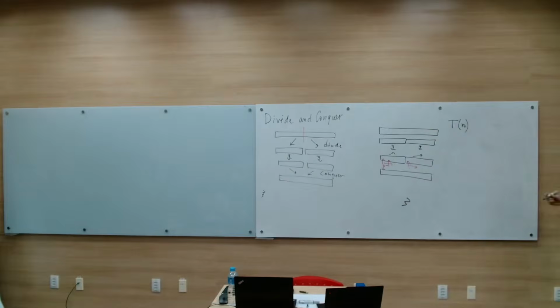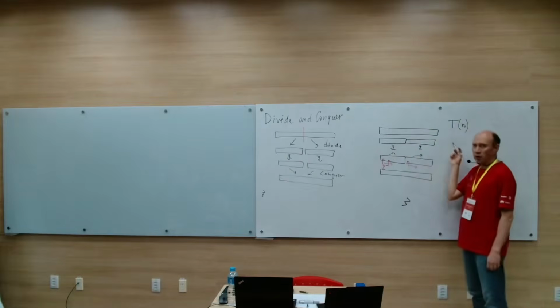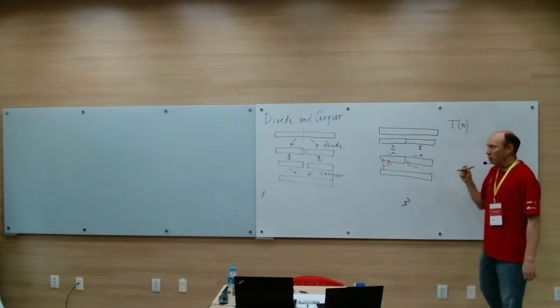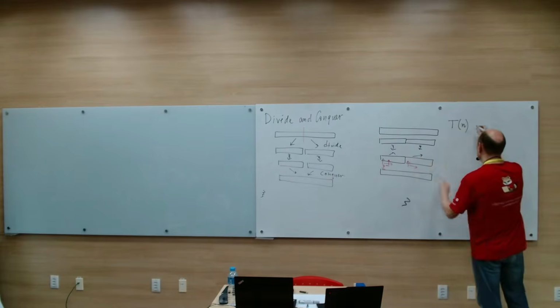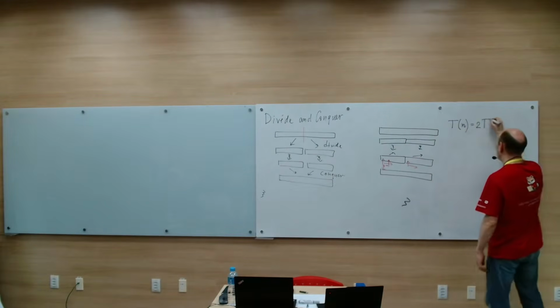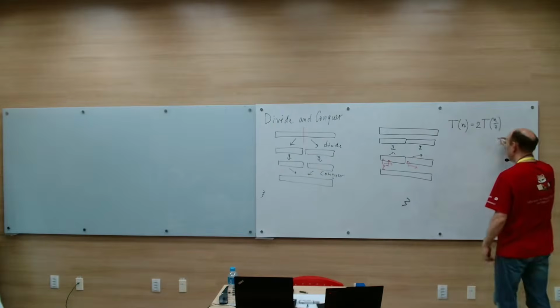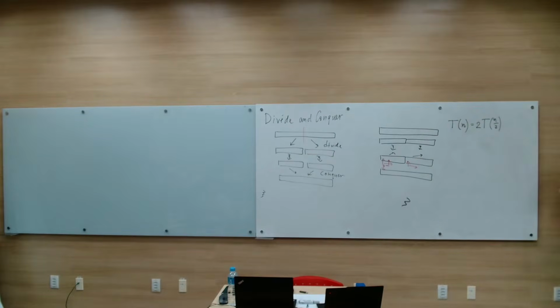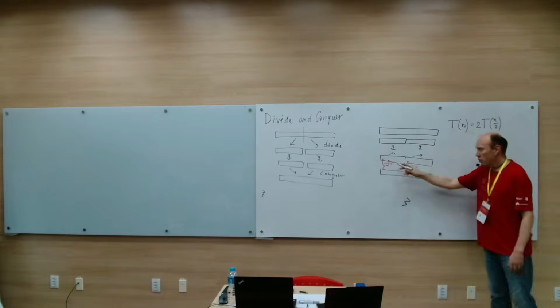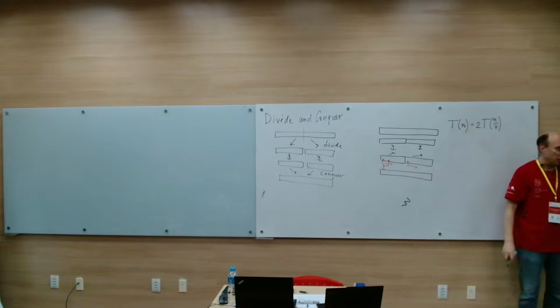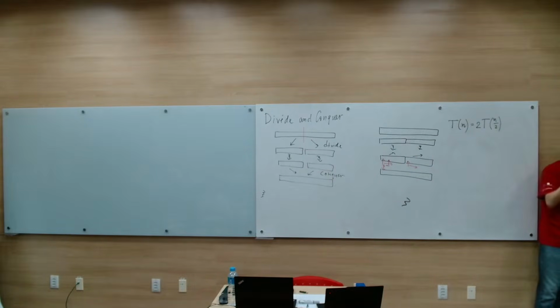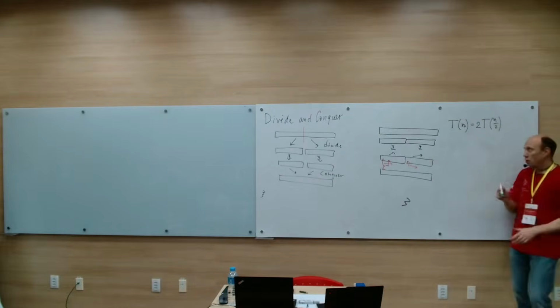What is that? Well, divide is free, mostly. Then we sort 2 arrays of size n divided by 2. And then we merge. The merge takes linear time, as you just pass the 2 arrays with the 2 pointers, so it's linear time.